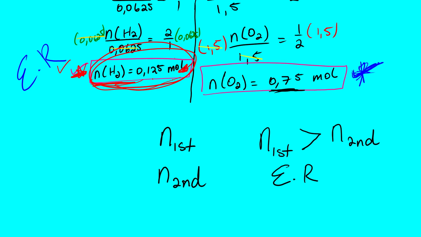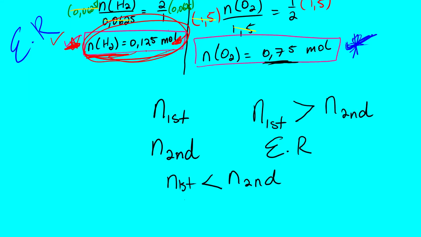Then if you calculate, you find that the first number of moles is less than the second number of moles, then you conclude that this is the limiting reagent. Let us look at more examples and see if you can understand this.